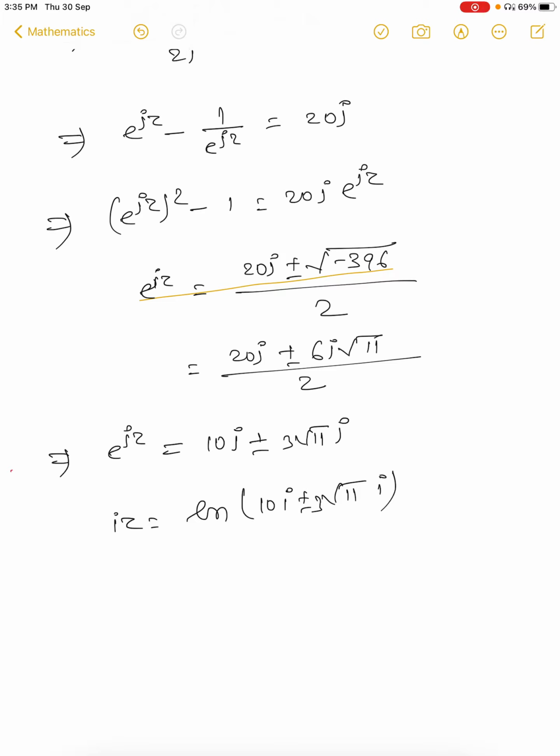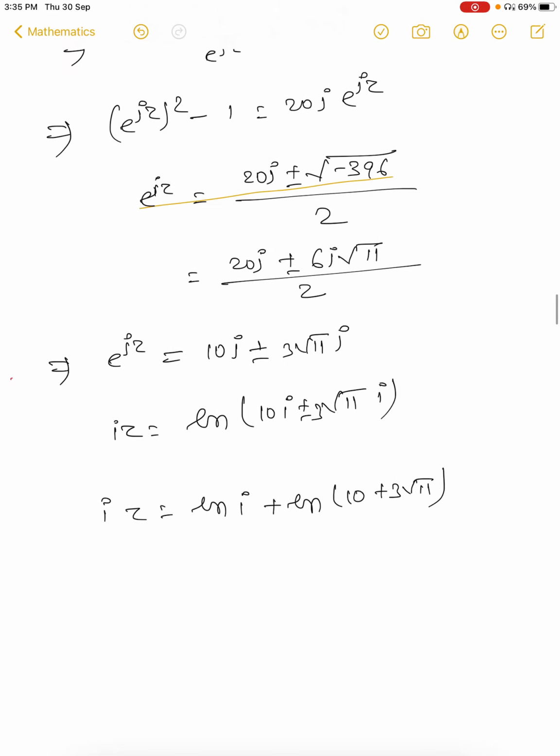So from here jz is equal to ln j, which I have taken common, plus ln of 10 plus or minus 3 root 11.